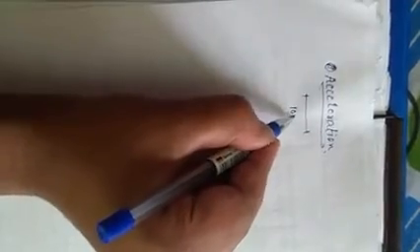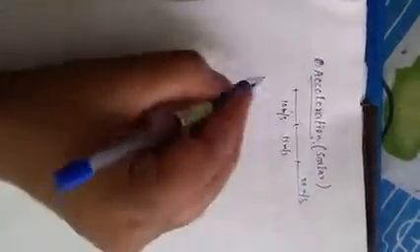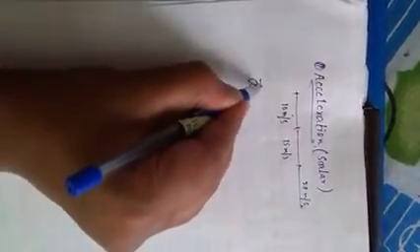Let's say for a few intervals you are at a speed of 10 meter per second, after that 15 meter per second, after that 20 meter per second, like that you are changing your velocity. So the rate of change of velocity with respect to time is known as the acceleration. And acceleration is also a vector quantity.